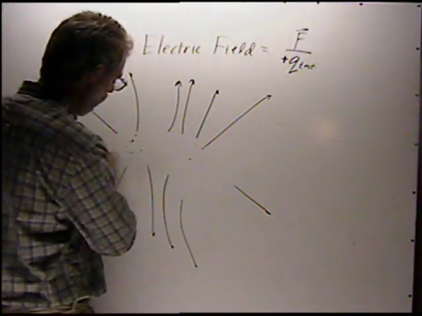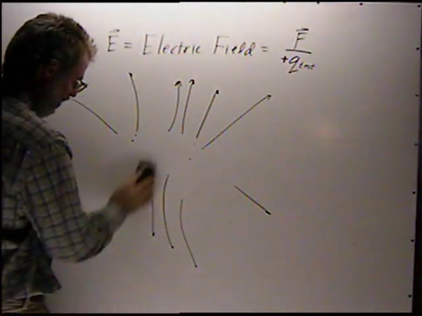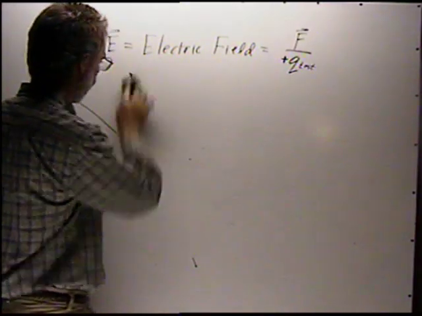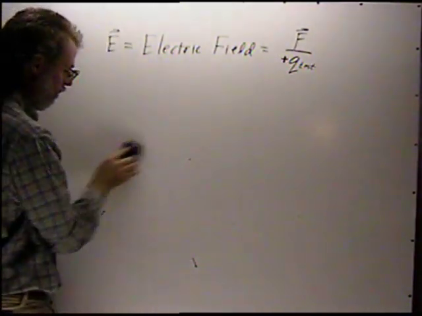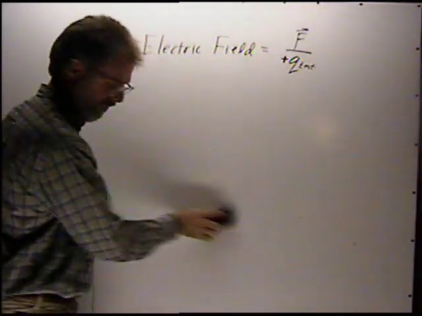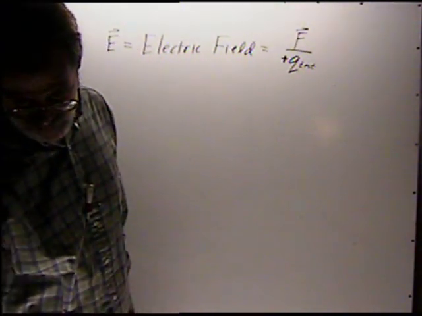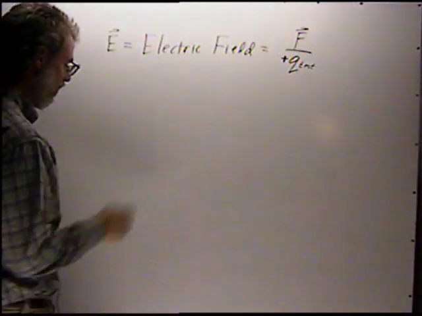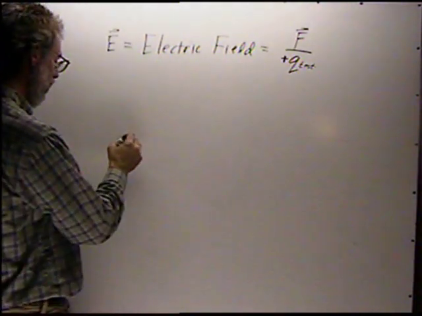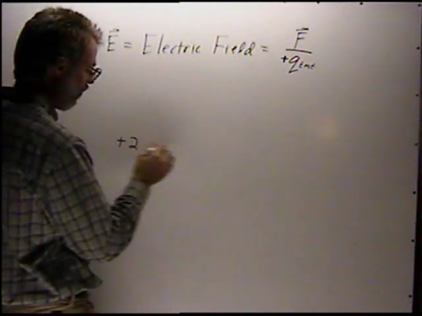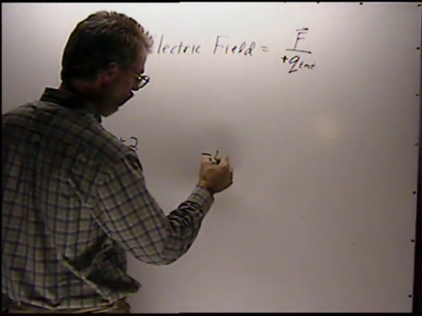Okay, now suppose you had the situation like page 442, for instance, where this is plus 2, but this is negative 1.